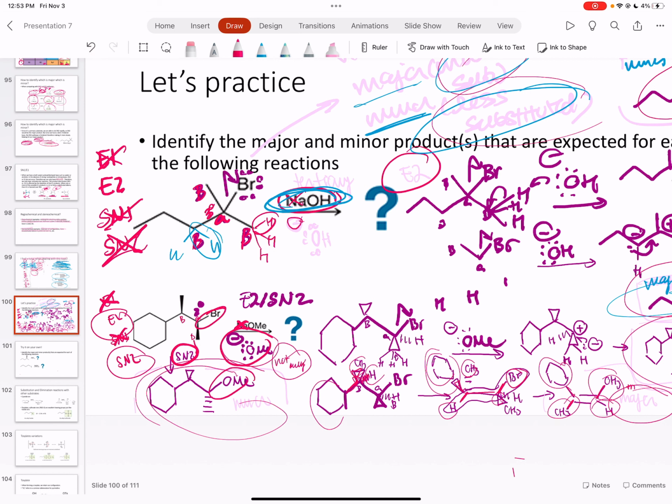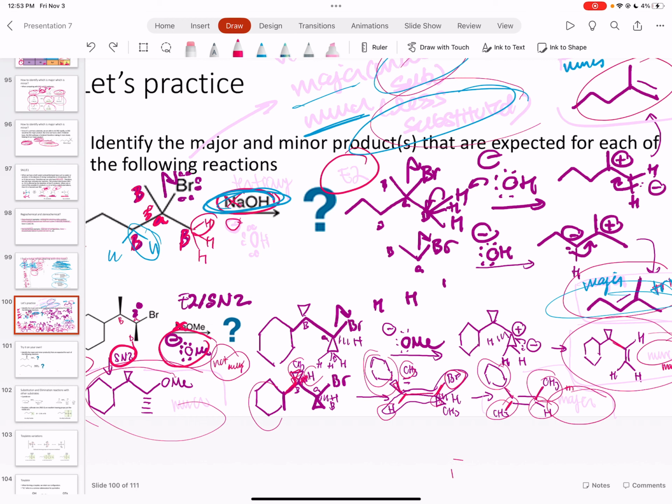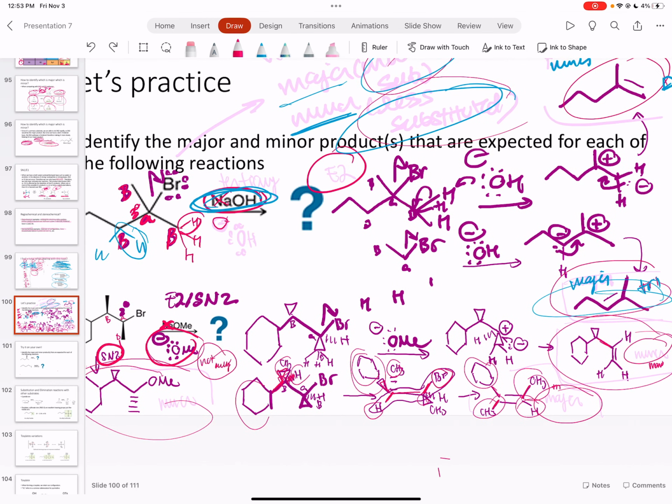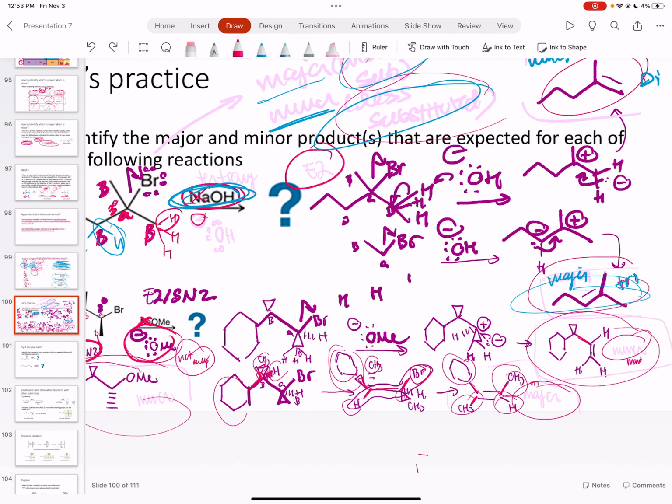So we're able to get our substitution product. And then we can get our elimination product. So then for elimination, we have to analyze all our beta carbons.